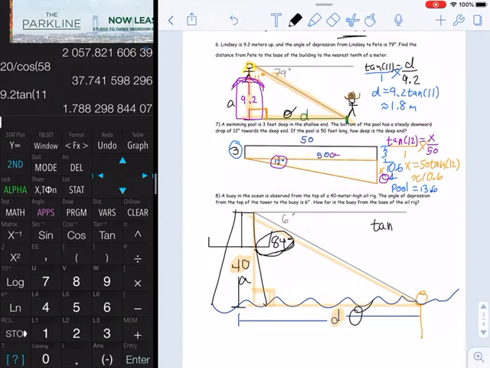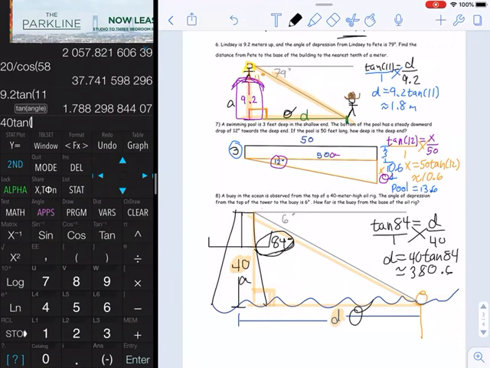So tangent of 84 equals opposite D over adjacent 40. Cross multiply. The distance from the buoy to the oil rig will be 40 times tan 84, which is about 300.6. Oops, I did that on my other calculator. 40 tan 84.